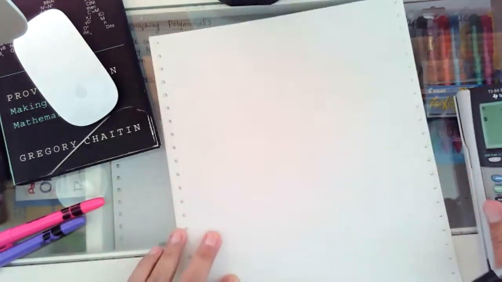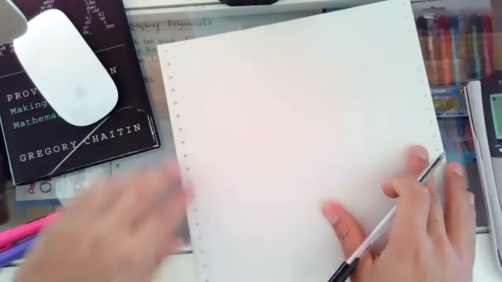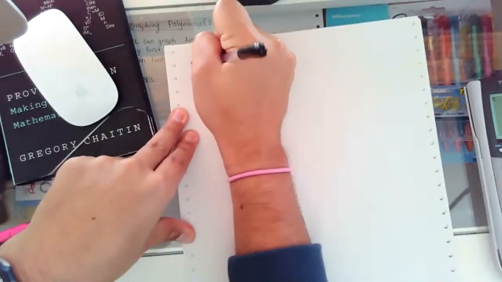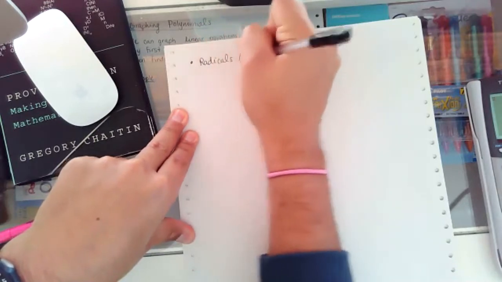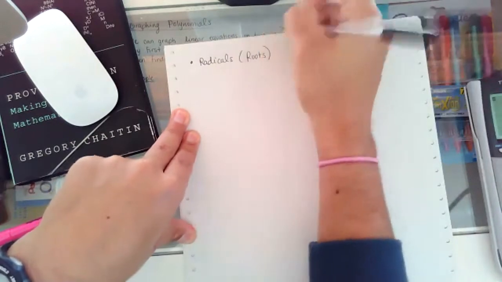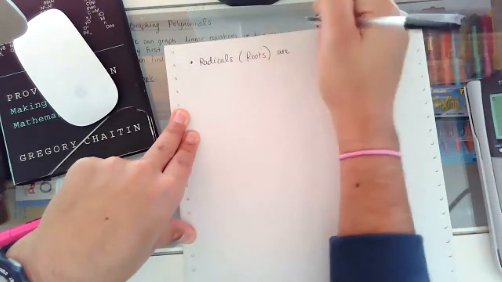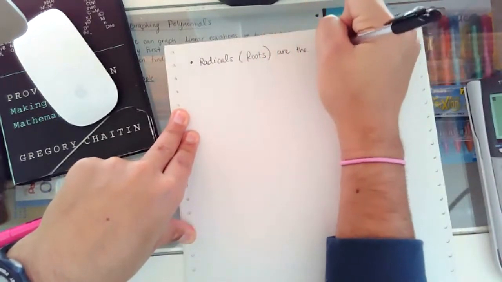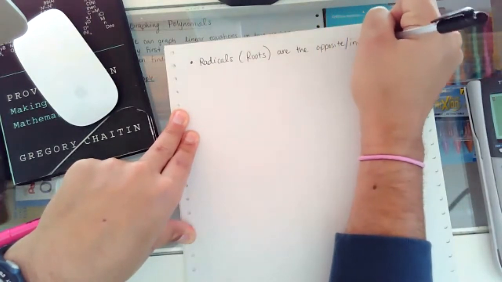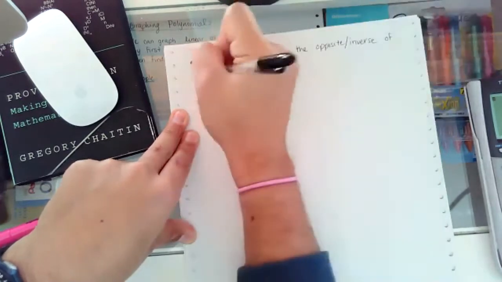So there are two ideas here that we really need to understand. And the first is that radicals, which are sometimes called roots, you'll hear me go back and forth, are the opposite or the inverse of exponents.